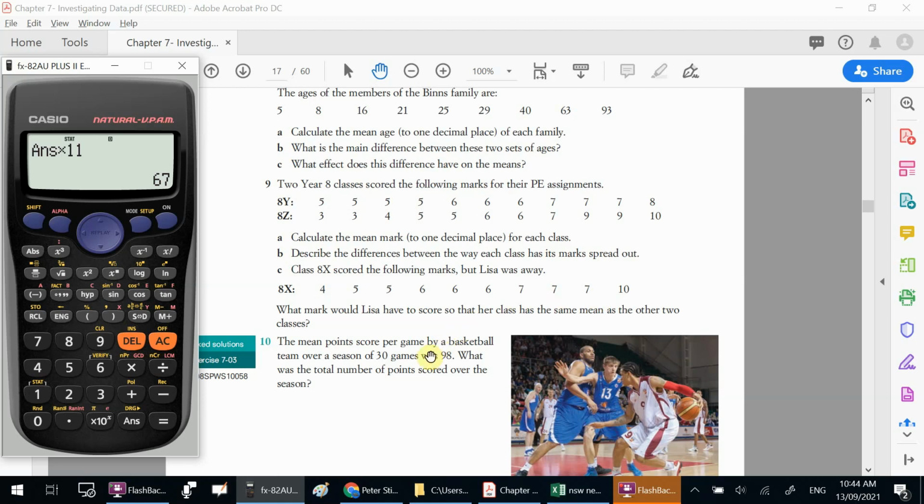Yep, I just lost track, but basically the total's got to be the same when you add up these ones, including Lisa's. I'm going to do one more time. 4, 9, 14, 20, 26, 32, 39, 46, 53, 63. So Lisa would have to score 4 to get the mean the same.